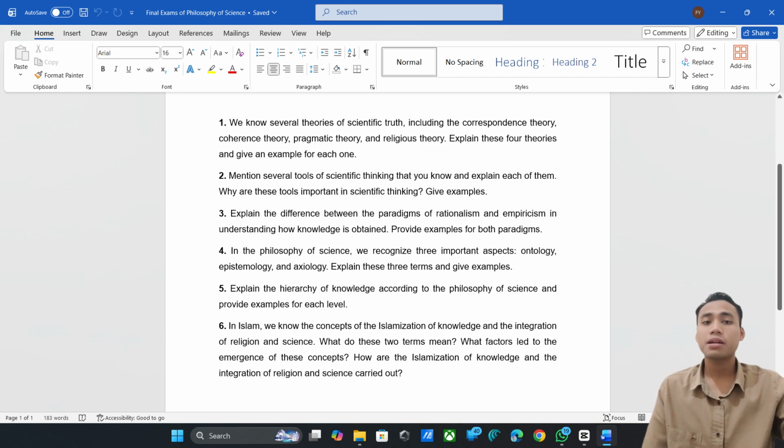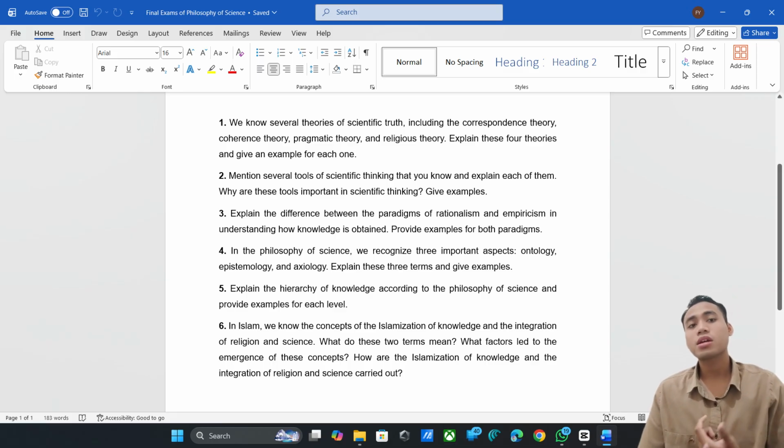And the pragmatic theory says a statement is true if it works in practice. For example, vaccines are considered true because they help prevent disease. And the religious theory says truth comes from God's revelations, such as the teachings in the Holy Scriptures.